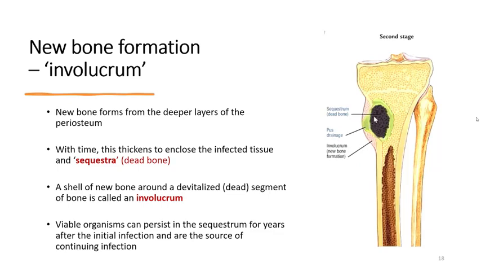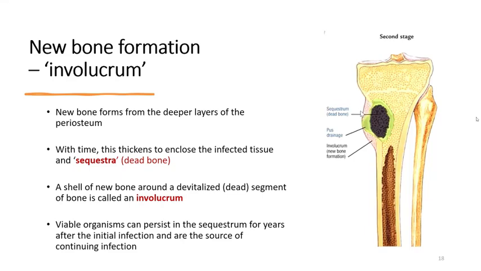But if the damage is high, if a lot of bone has been damaged and the sequestrum, the dead bone particles, are large, those cannot be removed by our body itself. So the new bone will form. This is a longitudinal section of the bone.